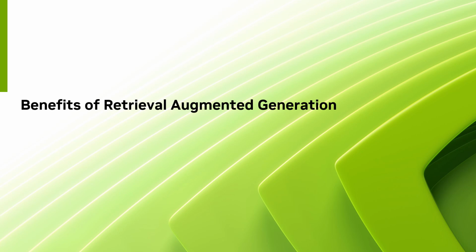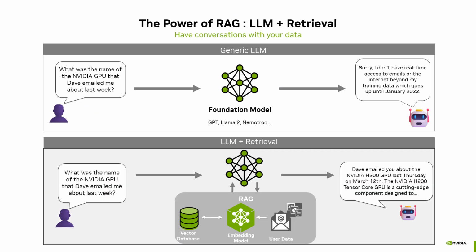Now let's look at some benefits of retrieval augmented generation to enterprises. With RAG, users can essentially have conversations with their data, which opens up a whole new world of potential applications and use cases. RAG bots would make excellent technical assistants in fields ranging from finance and medicine to retail and telecommunication.